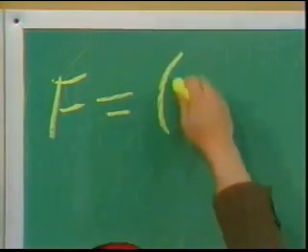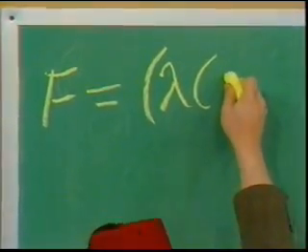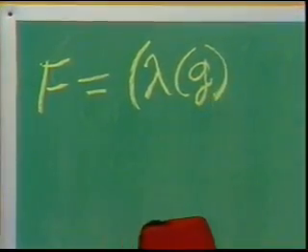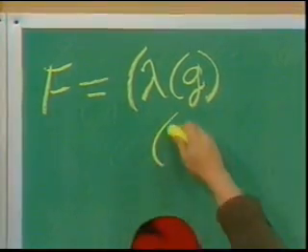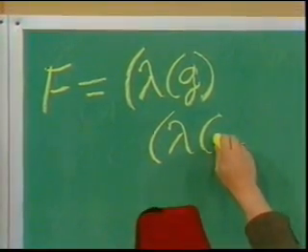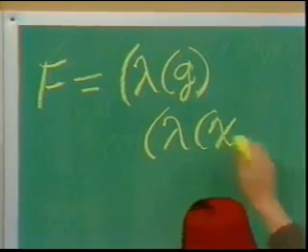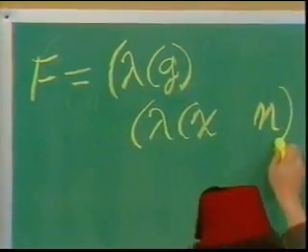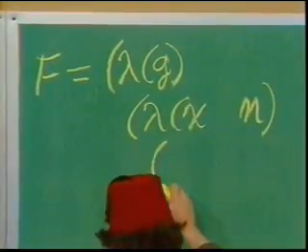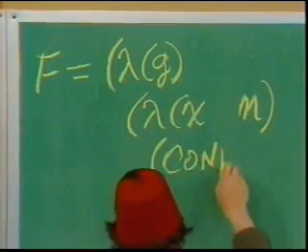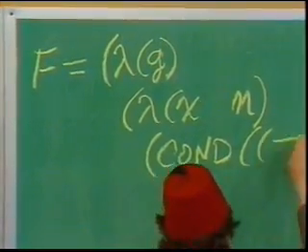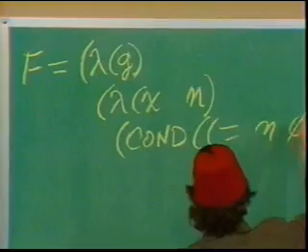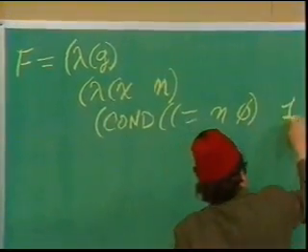F is that procedure of one argument g, which is that procedure of two arguments x and n, which have the property that if n is 0, then the result is 1.